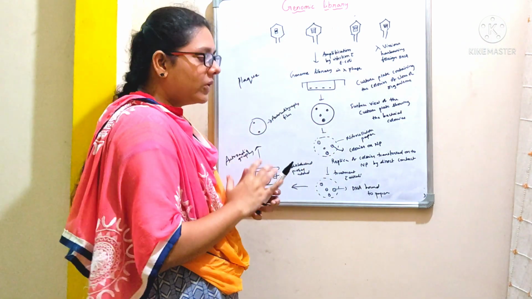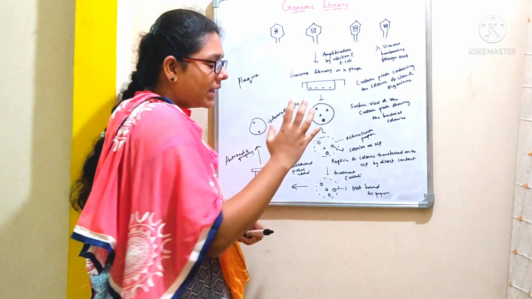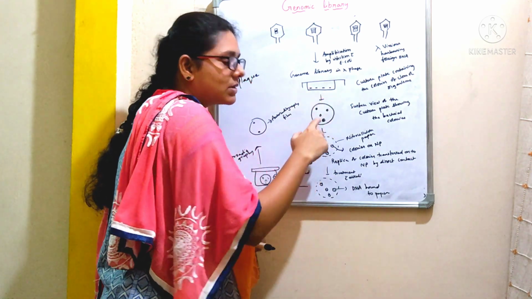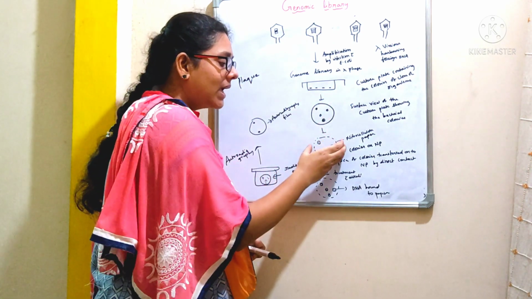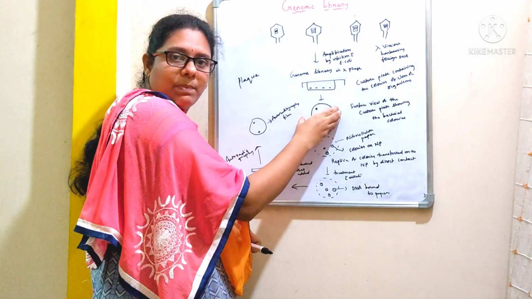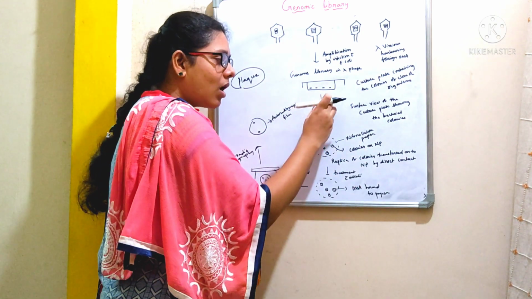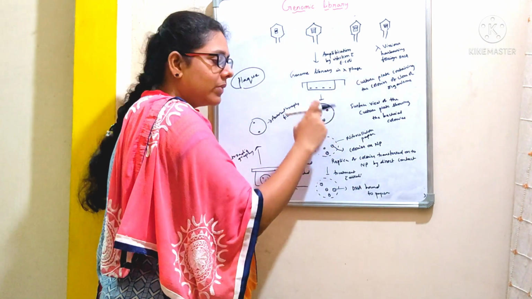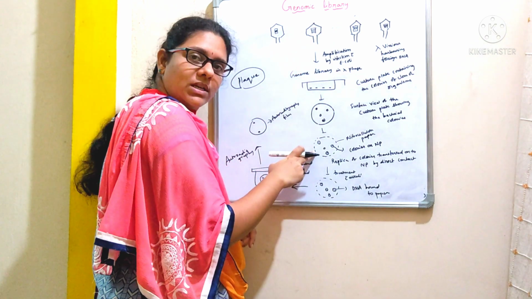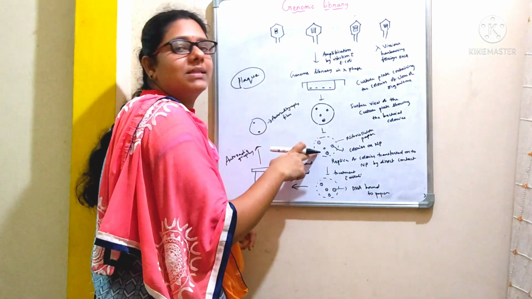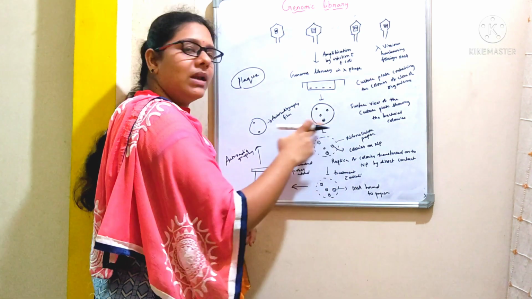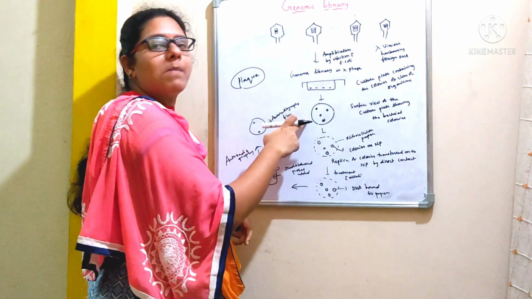Now we take a nitrocellulose paper and gently press on these colonies. So we are going to make a replica of this master plate. Whatever colonies are present here will stick onto the nitrocellulose paper at exactly the same location. So it will now be used as a replica of the master plate.